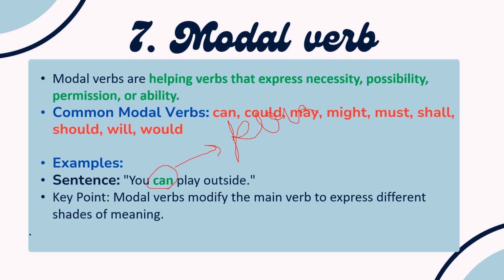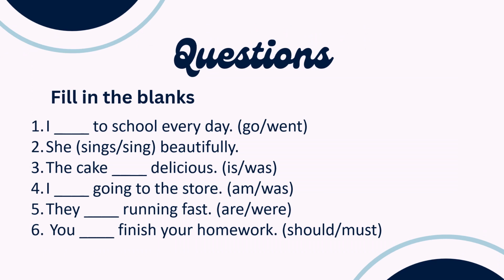Now we will understand some questions related to it. So we have questions like, I dash to school every day. The sentence is in the present form, so for present form we always use a word like go. So we will say I go to school every day. Now the second one is sing. She sings or she sing beautifully.